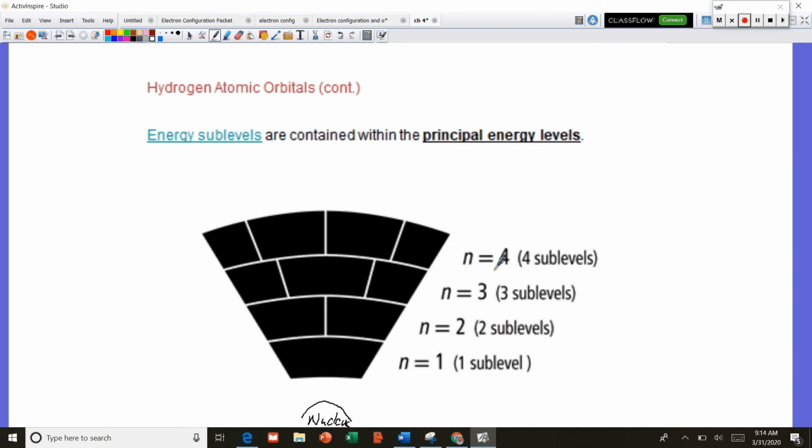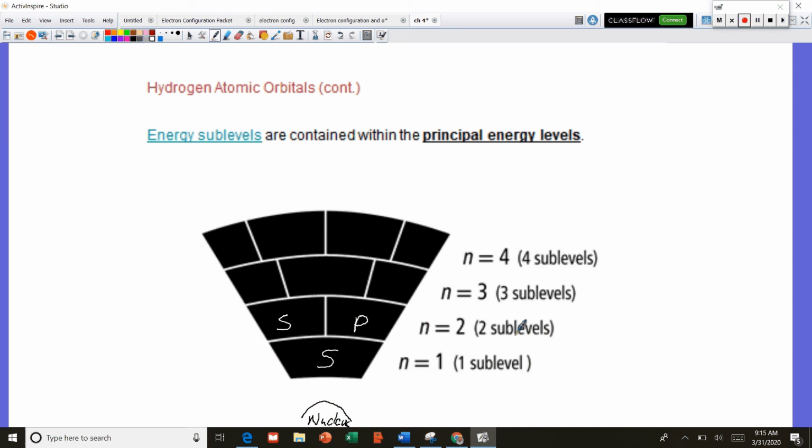All right, so in N1 we can only have an s orbital. Remember, an s orbital only holds 2 electrons. So when we look at elements like hydrogen and helium, the maximum number of electrons hydrogen and helium can have is 2. Now, we come to N2, we can have an S, which holds 2, and we can have a P, which holds 6. So 2 plus 6 gives us 8.